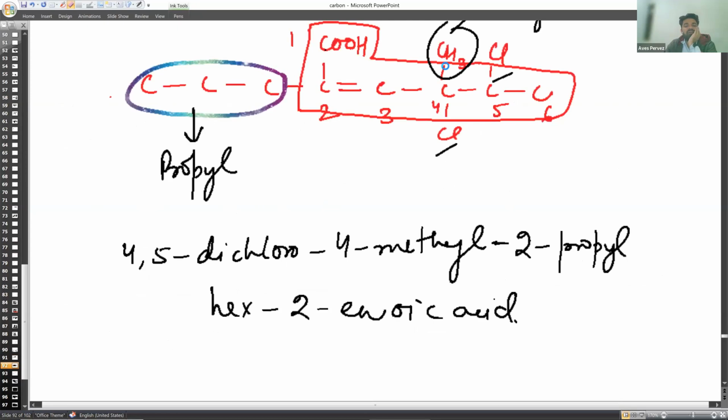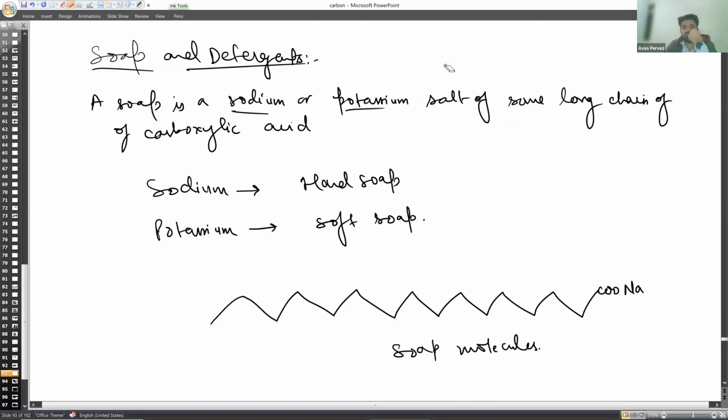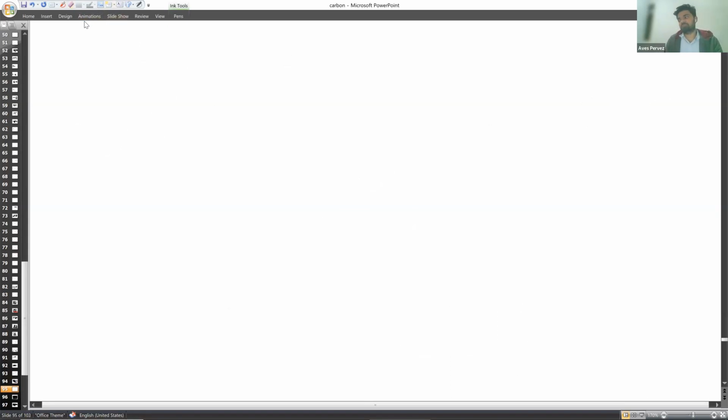Next, harmful effects of drinking alcohol. You can check it from the notes also. Ethanol is used in beverages, and if you drink that ethanol, then it will swell the brain.